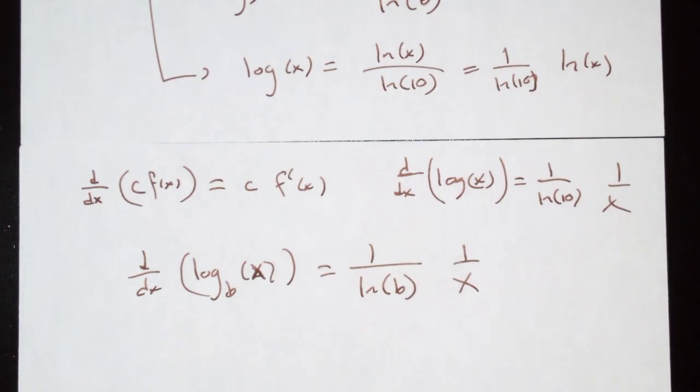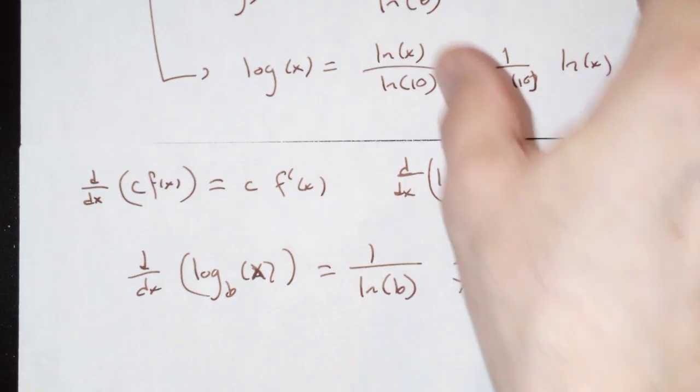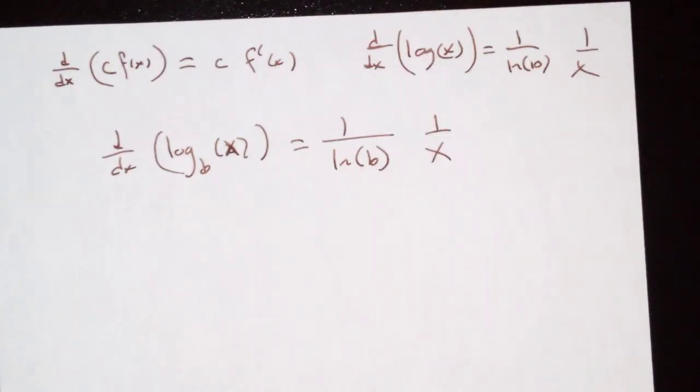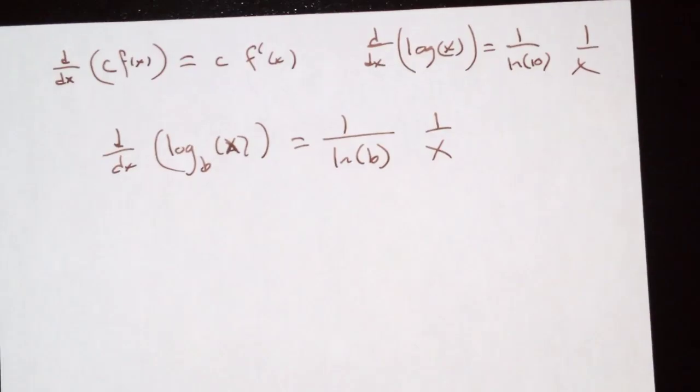A lot of titration problems do this. So most of the rest of what I'm going to do today is in base e. But this means I can put this with all of my other rules as well.